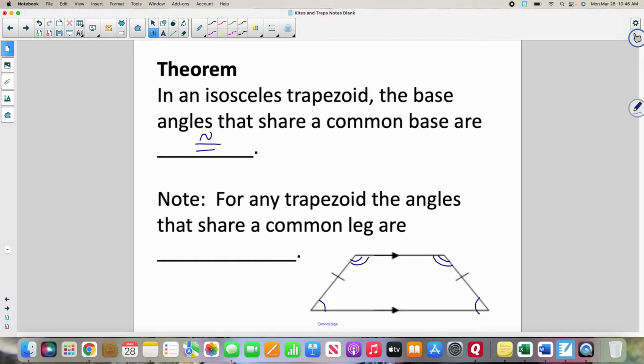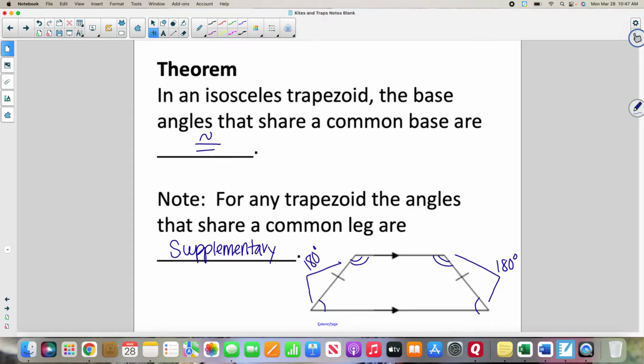For any trapezoid, the angles that share a common leg are supplementary. So these added together equal 180, and these added together equal 180. That's on any trapezoid.